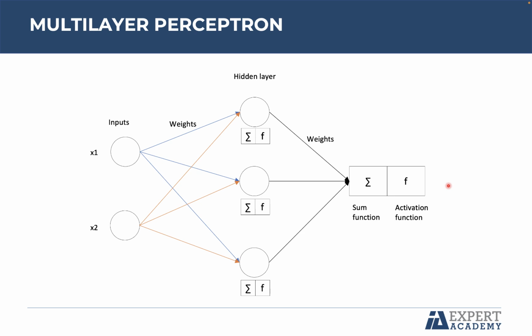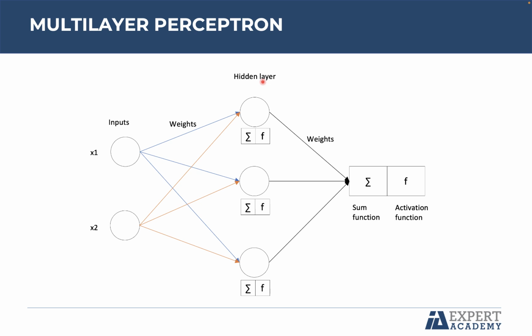The same you learned for the perceptron. The big difference is that there is an additional layer of neurons between the input layer and the output layer, which is called hidden layer, as you can read here.